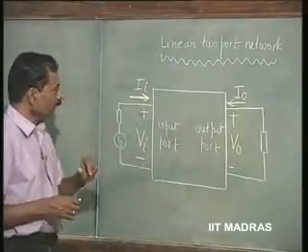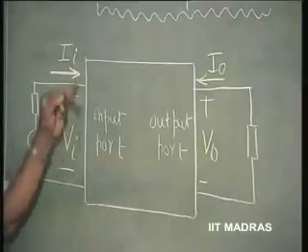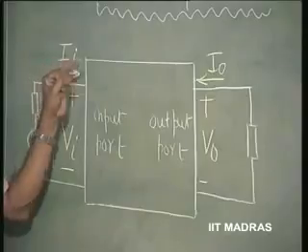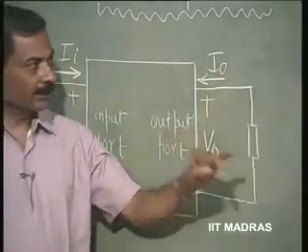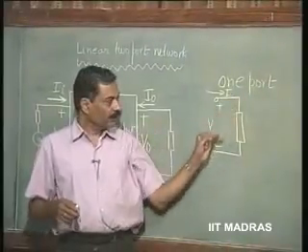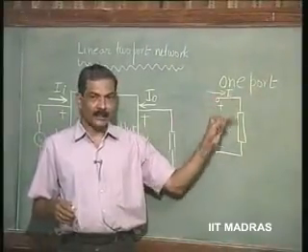This we have already done. We have defined a two-port network in the following manner. It has input voltage, input current, output voltage, output current. A one-port network, linear, has a voltage and a current.